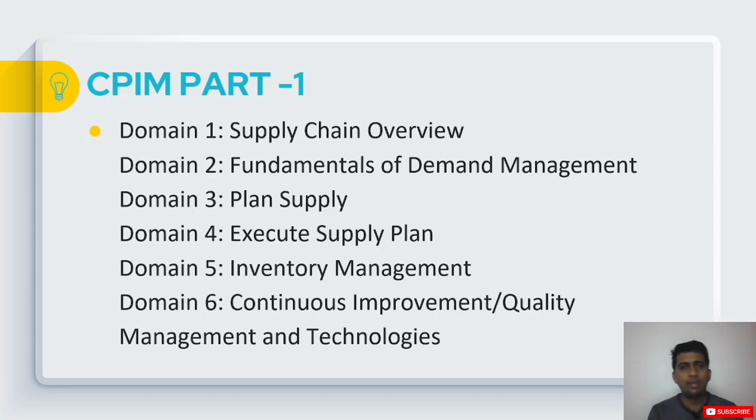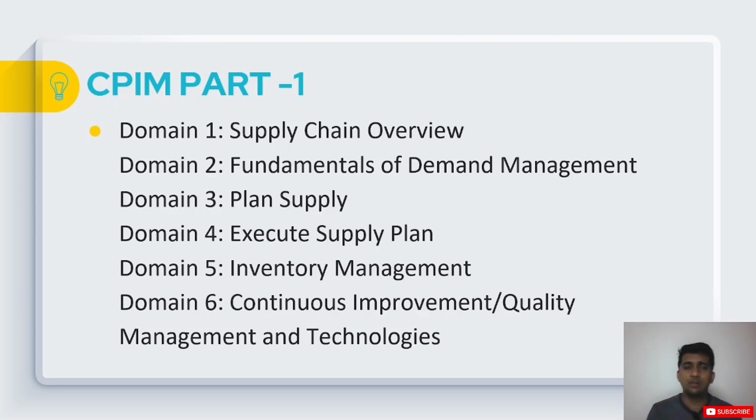Part 2 will go in depth mainly into these three things: demand planning, production planning, S&OP planning, and a little bit about logistics. In these two slides I have put the brief syllabus of both part 1 and part 2.